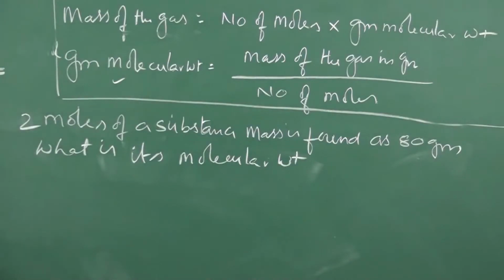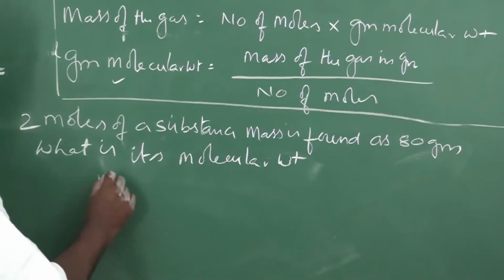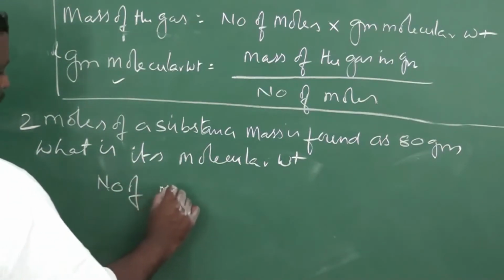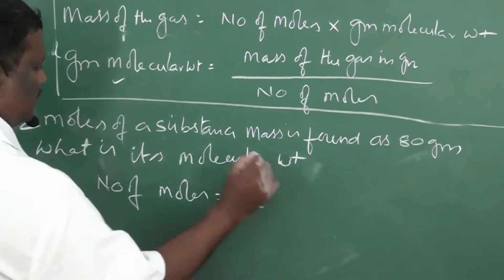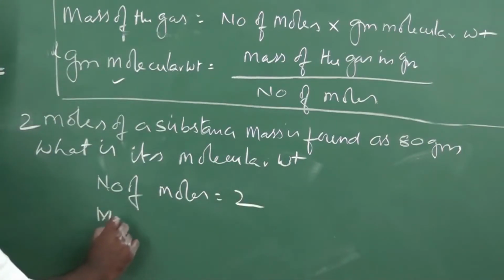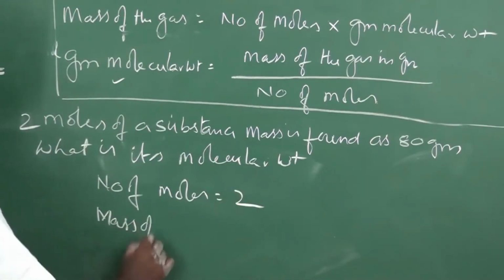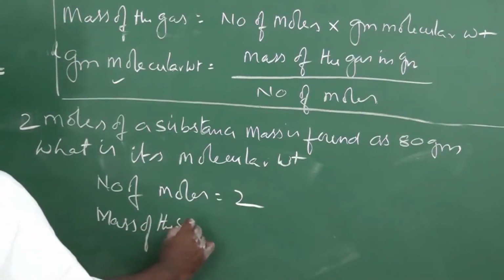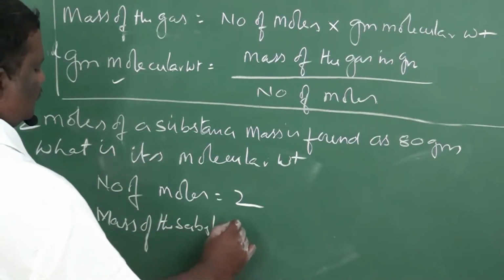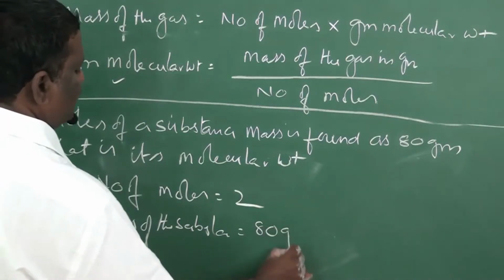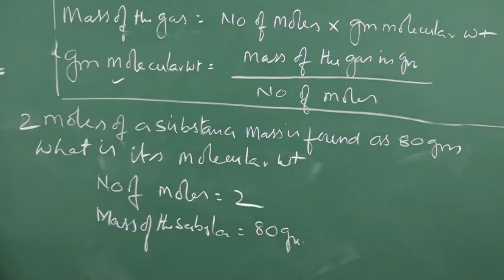So, first note down the given data. Number of moles is equal to 2. Mass of the substance is equal to 80 grams. This is important. Unit is important.